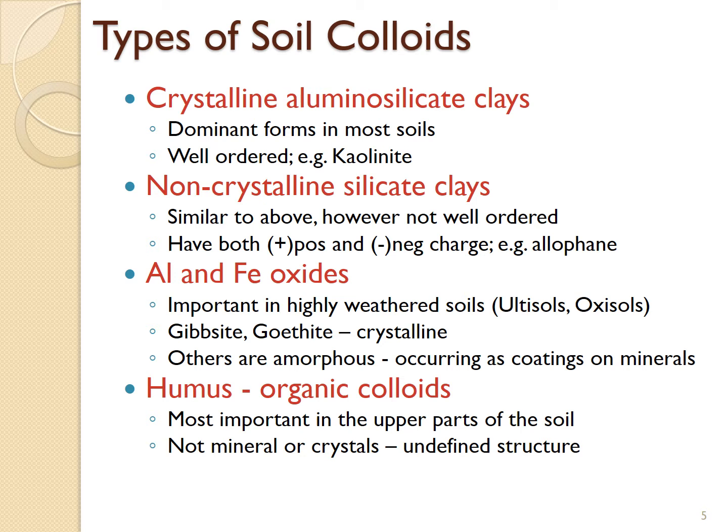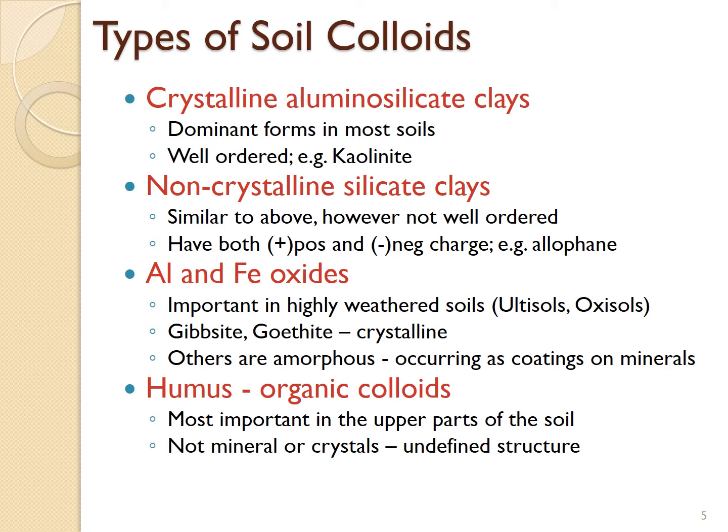Some non-crystalline silicate clays are similar to what's listed above, however, they're not well ordered. They can have positive and negatively charged sites on their surfaces. An example of this is allophane. Iron and aluminum oxides are very important in highly weathered soils like ultisols or oxisols, and they contain minerals like gibbsite and goethite, whilst others are amorphous and occur as coatings on minerals.